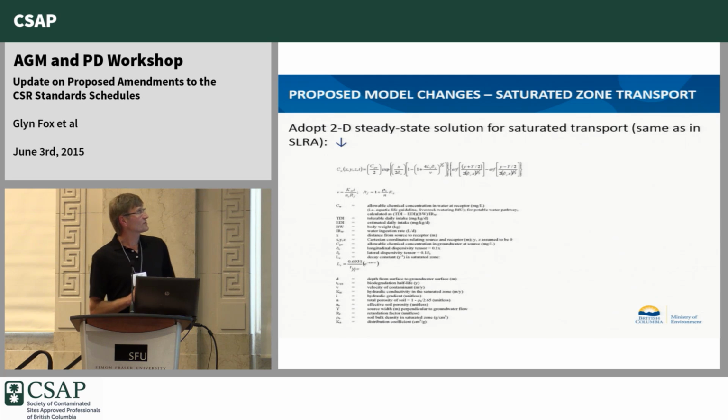Another recommendation that came forward was, for our saturated transport component, let's go with a steady state formulation. Most of the standards right now are at steady state concentrations. In our current travel time in the model, we use a transient formulation. Right now it's a travel time of 2,200 years. So most substances are at steady state. A few aren't.